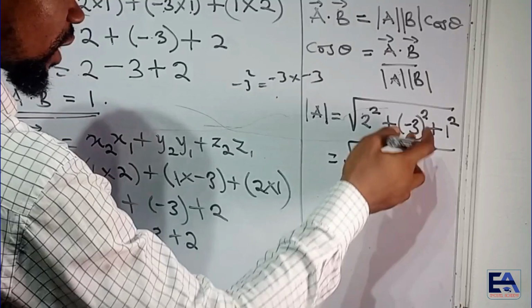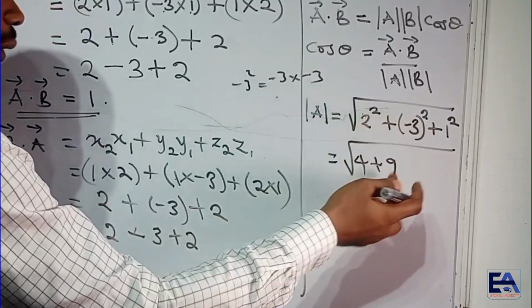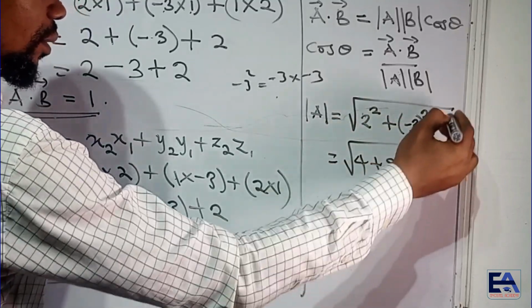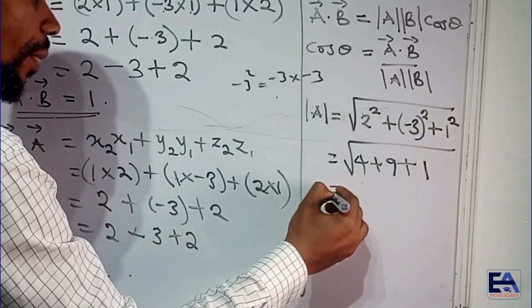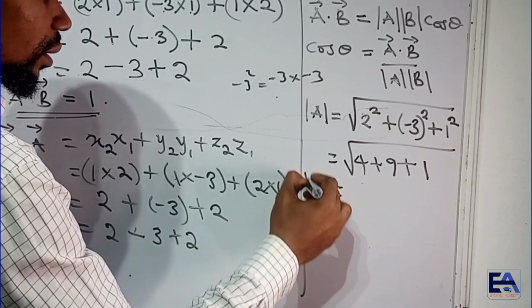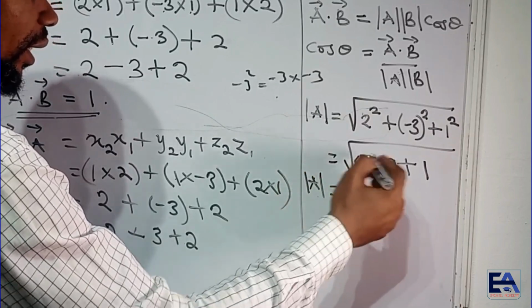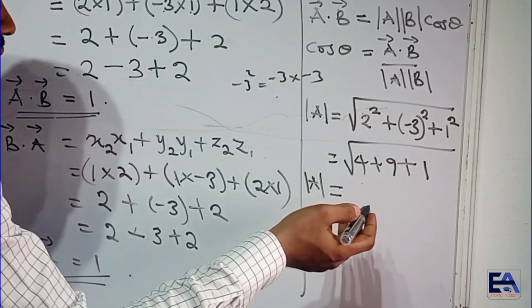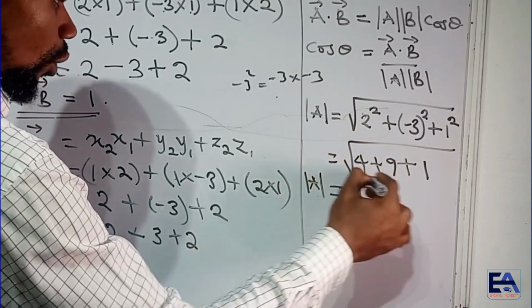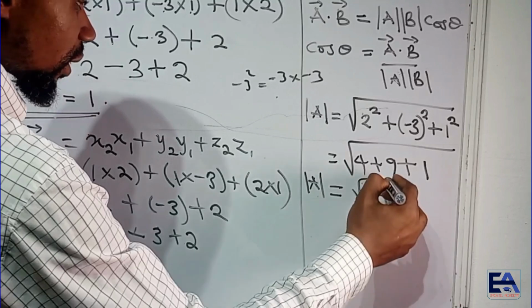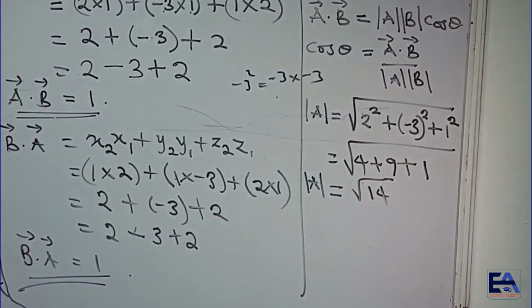So we have positive 9. Plus times plus is plus. So then we have 1 squared, which is 1. At the end of the day, the magnitude of vector A is 4 plus 9 plus 1, and then that is the square root of 14. That is the magnitude of vector A.